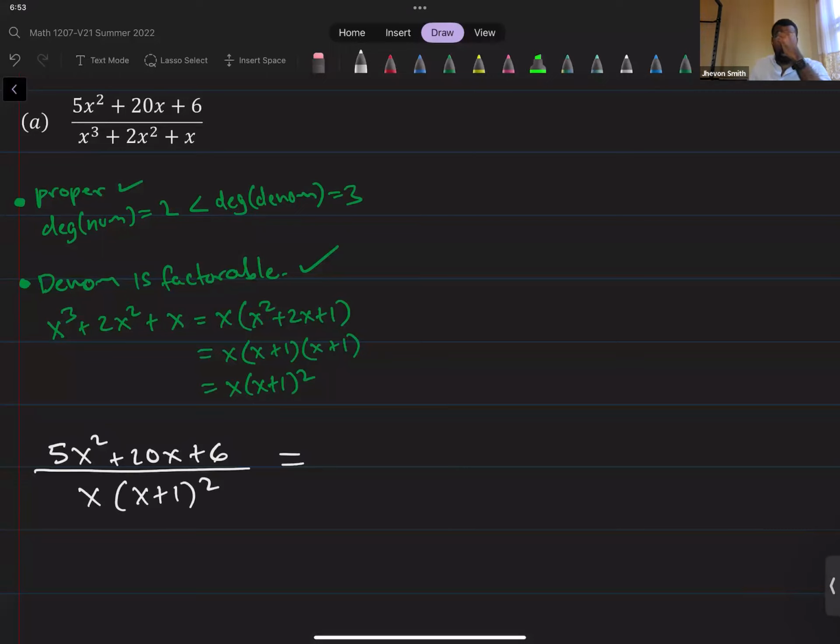What would the partial fraction decomposition look like? Come on, don't be shy. I want to know what you guys know.